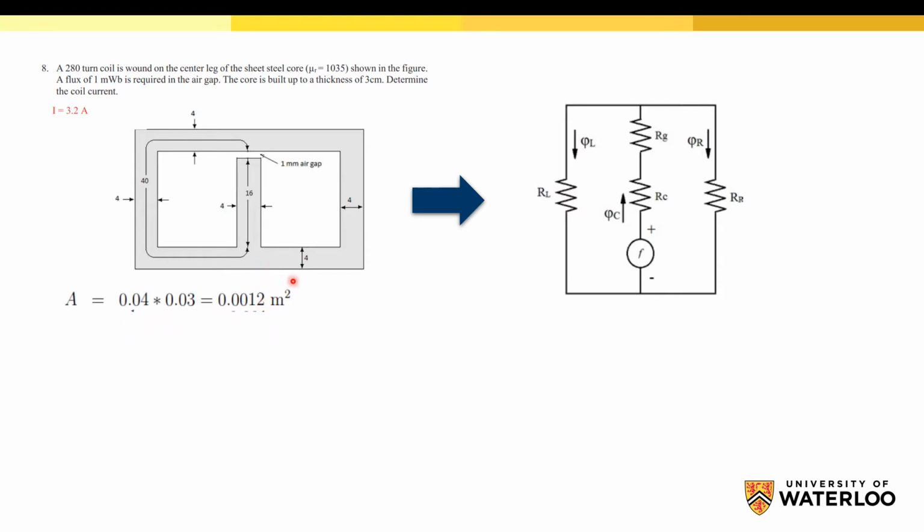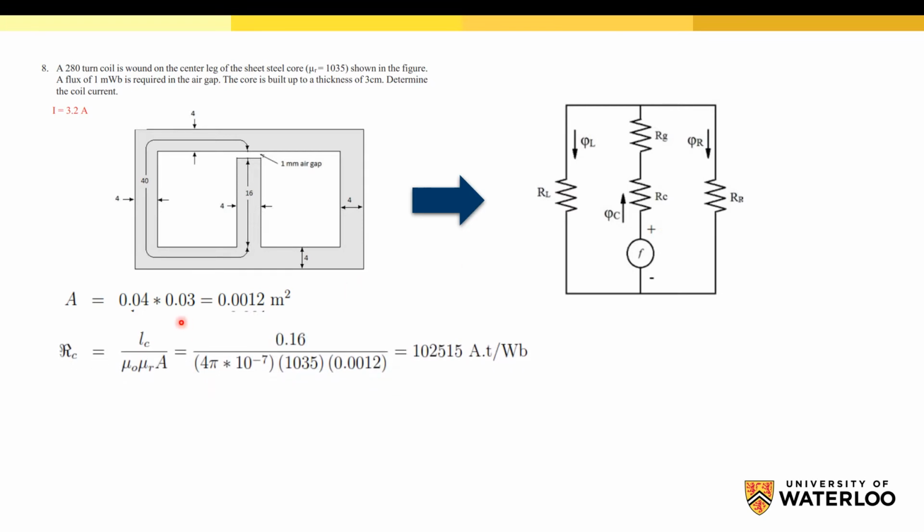The cross-section area, which is perpendicular to the flux, is constant through the circuit, which is equal to this width 4 times the thickness, which is given 3 cm. So the area is constant for all these reluctances.